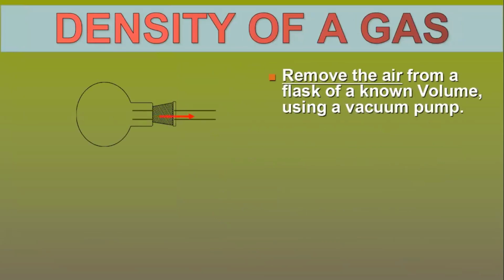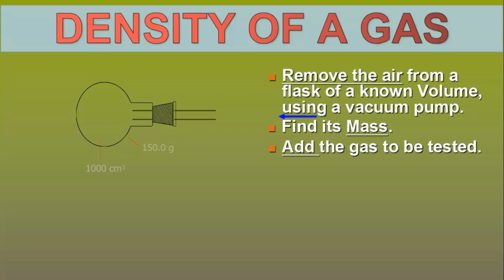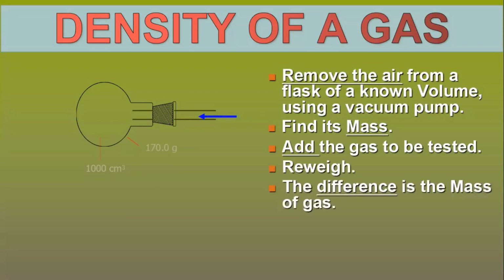Density of a gas. Number 1, remove the air from a flask of a known volume using a vacuum pump. Then find its mass. I have measured it is 150 grams and the volume is 1000 cubic centimeters. Add the gas and reweigh. When I reweigh, I get 170 grams.